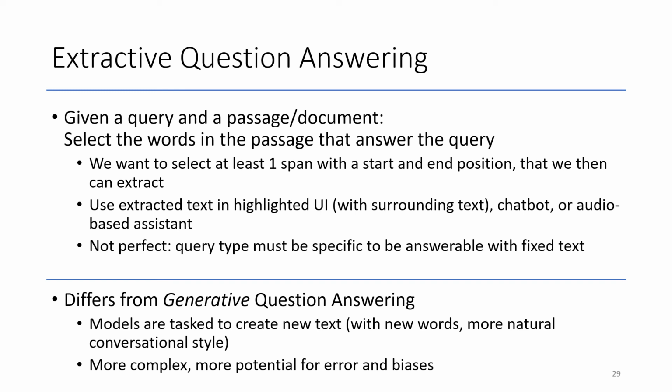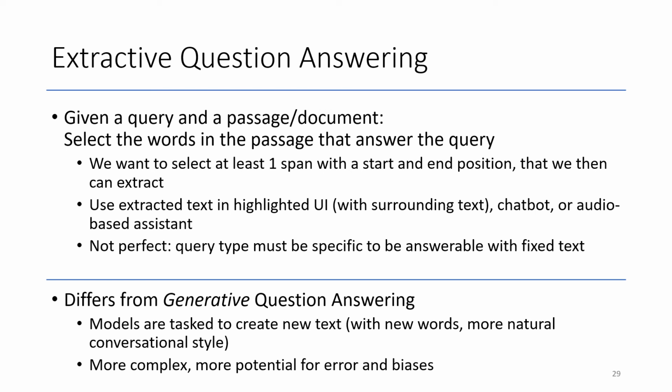While the task itself is not perfectly solvable in many cases, where the query type must be specific to be answerable with a fixed text, many types of queries are solvable with extractive QA.